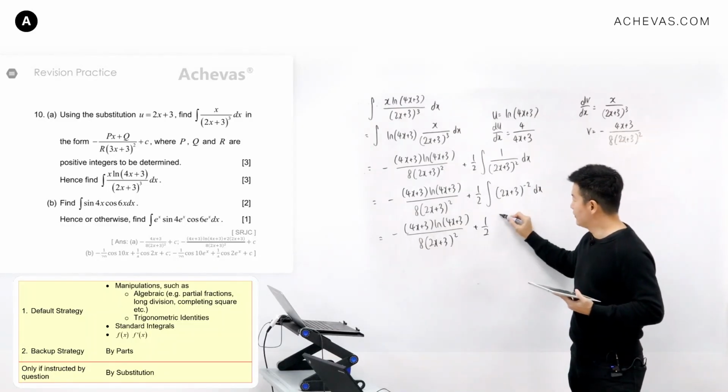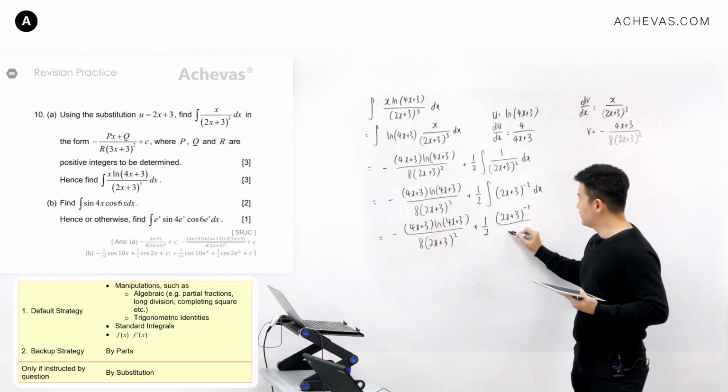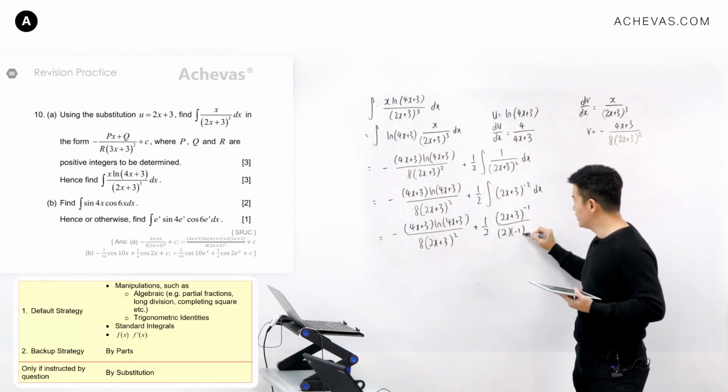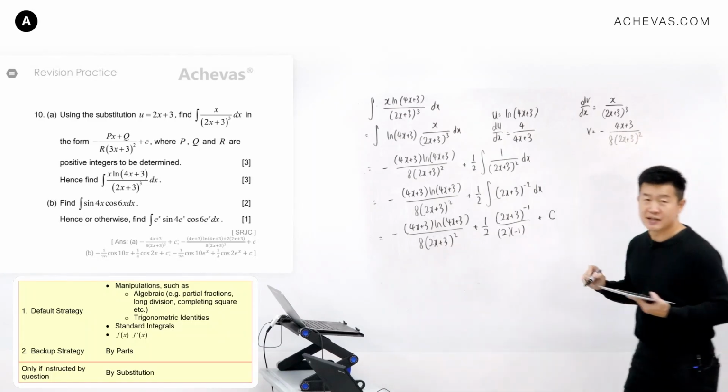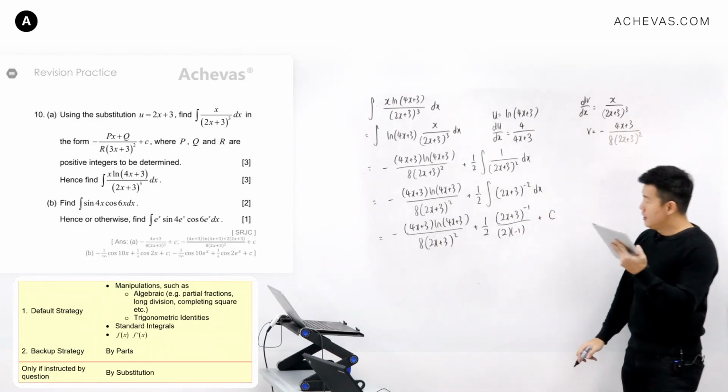This is plus half. This will be (2x plus 3) to the power of minus 1 divided by 2 times of minus 1, then plus c. I'm carrying out the secondary school's version of the integration.